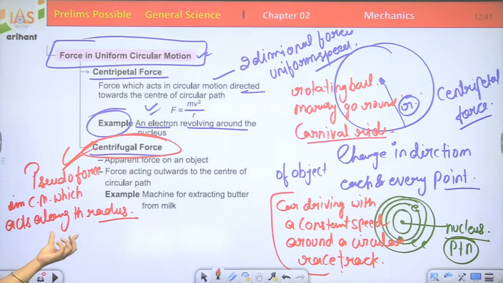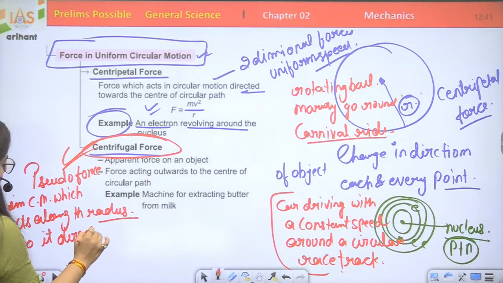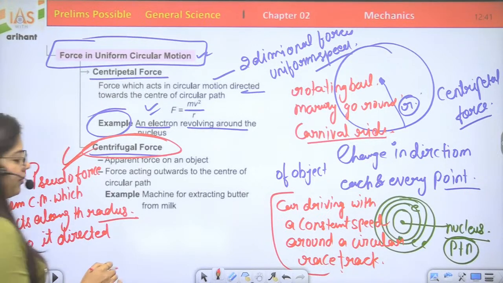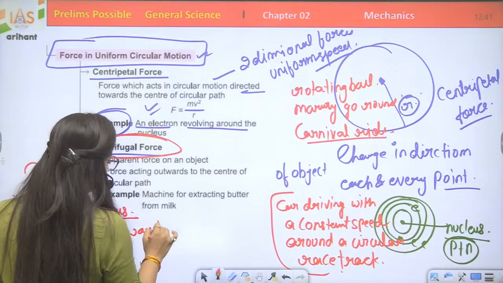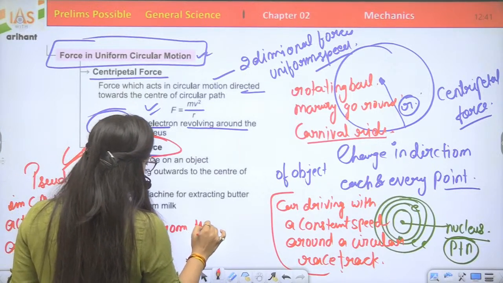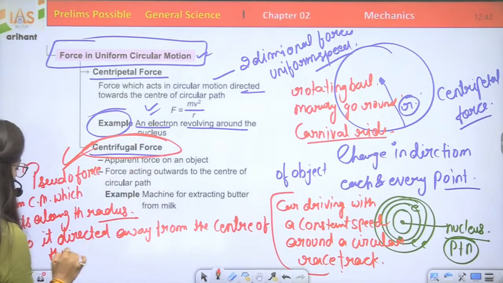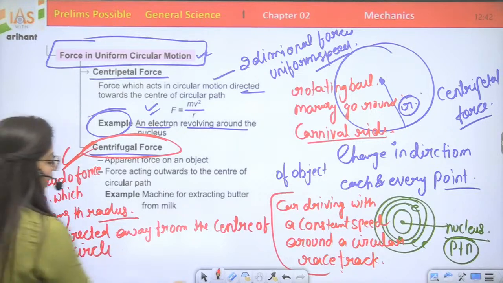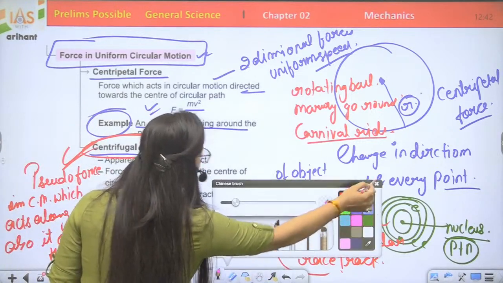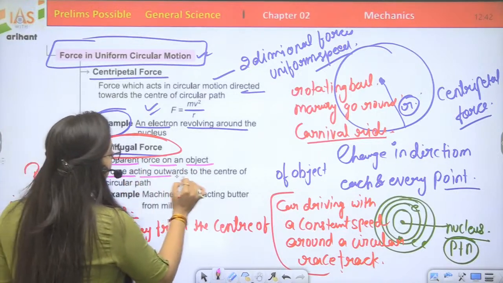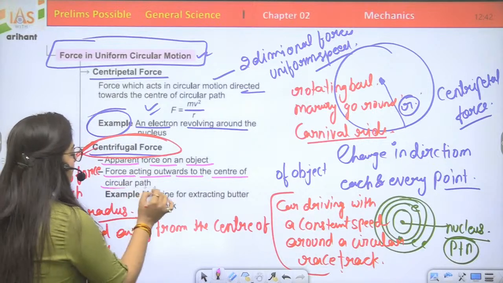Also, it is directed away from the center of the circle. It is the apparent force on an object, acting outwards from the center of the circular path.